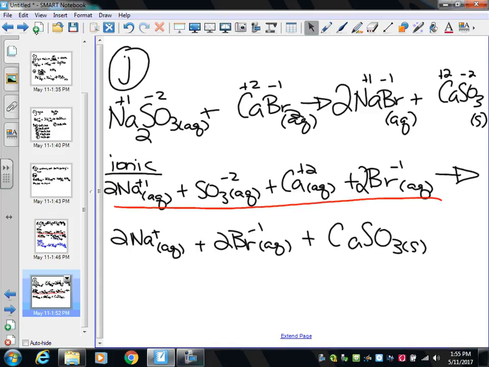And the other part would be our product. Doing this part here, do we understand how we broke that down? All we're doing is looking up here, there's 2 sodiums, or 2 sodium with a charge. Sulfite is by itself. Calcium is by itself. Bromine had a 2, so we had to put a 2 in front. And I just kept going.